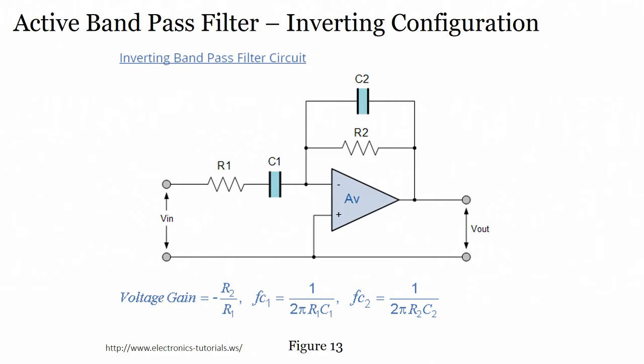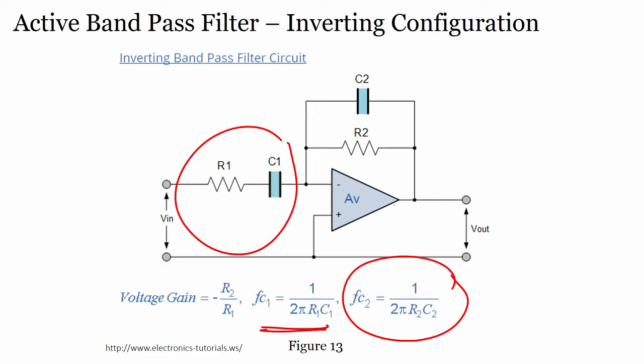Coming back to the screen, this is the active band pass filter in inverting configuration. Here the formula is again the same: FC1 is 1 upon 2 pi RC1, FC2 is 1 upon 2 pi RC2, and your voltage gain is minus R2 by R1, because this is an inverting op amp.